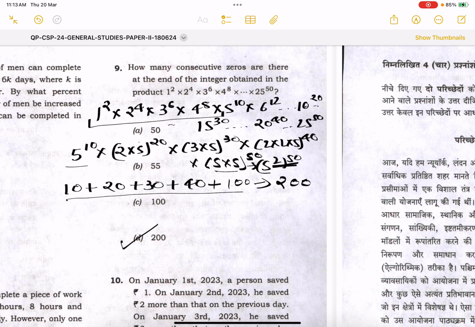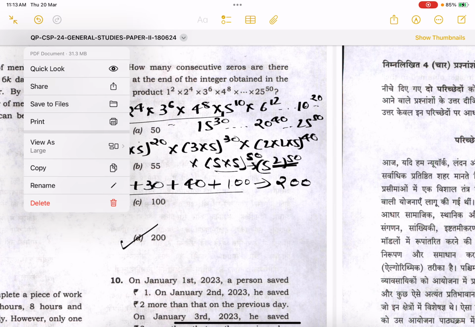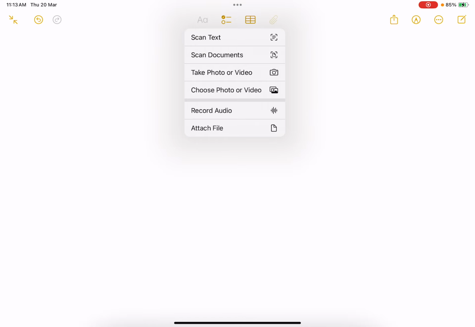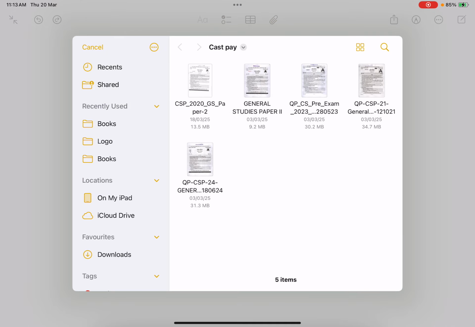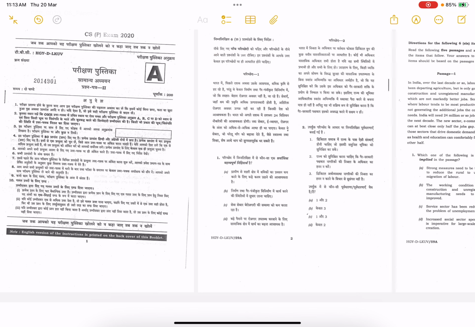The next question which was asked on number of zeros was in the 2020 question paper, set A, question number 7.